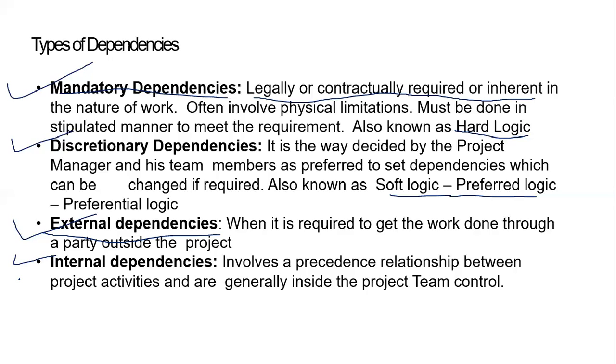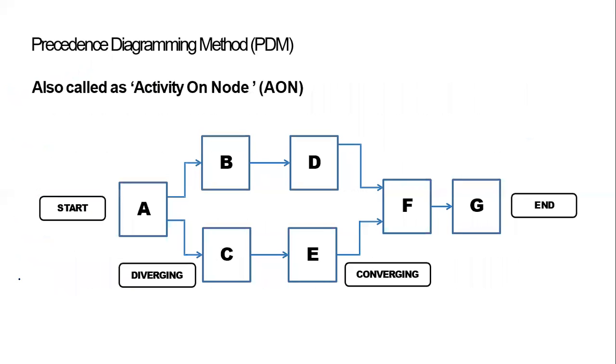So that's the internal dependency. Now you have to make sure that you understand all the dependencies, and please expect a question from a PMP exam perspective. There will be 100% questions on these dependencies. Typically they will give a scenario, and you have to identify what kind of dependency it is.